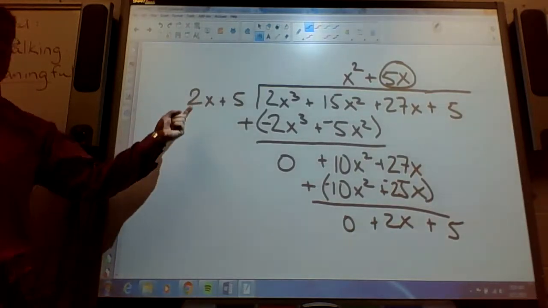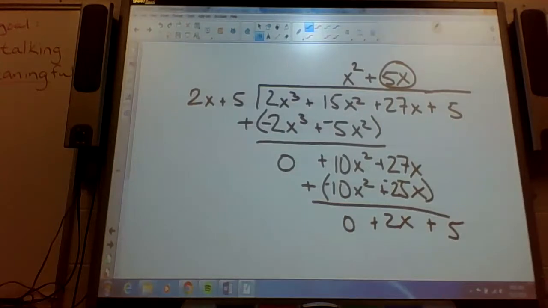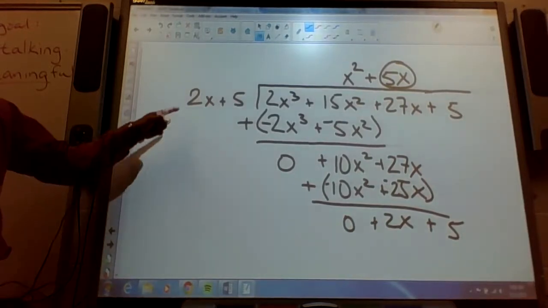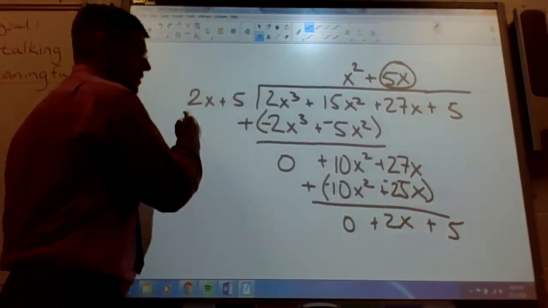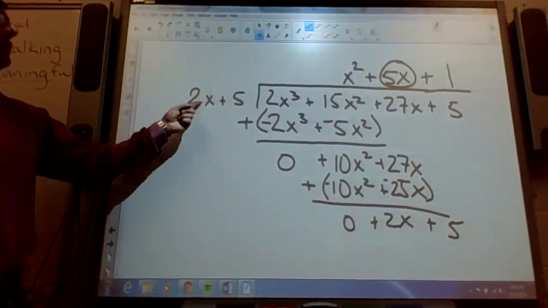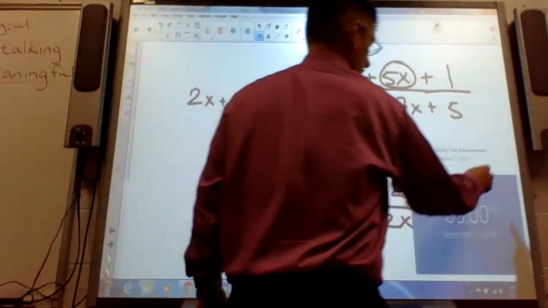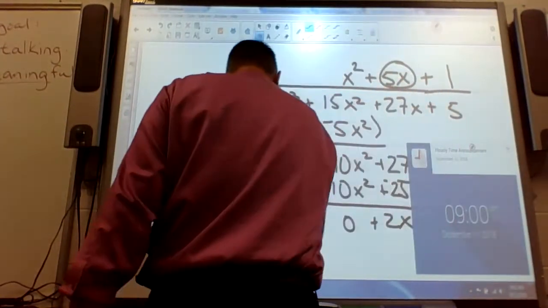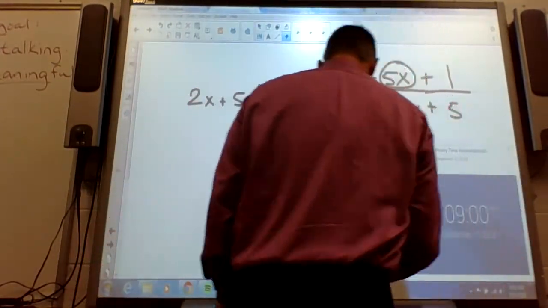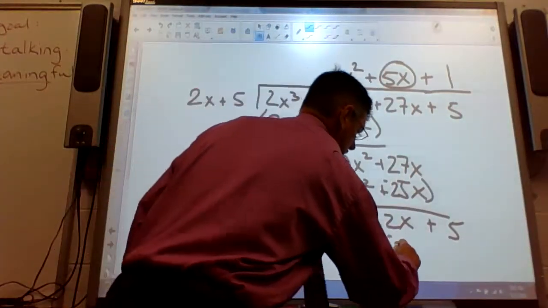How many times does 2x go into 2x? In other words, 2x times what gets me 2x? The multiplicative identity of the real numbers. Plus 1. 2x times what? 1 gets me 2x. So plus 1.